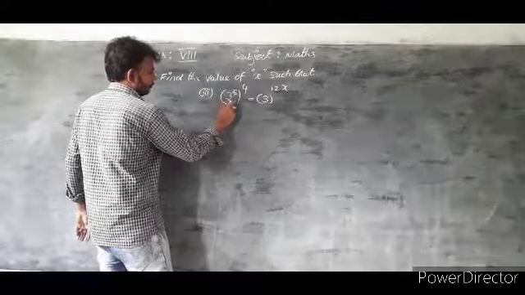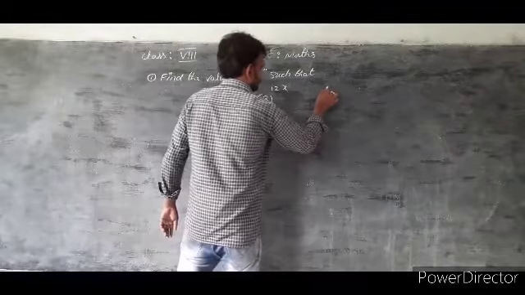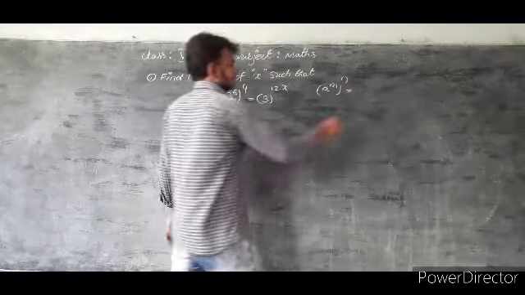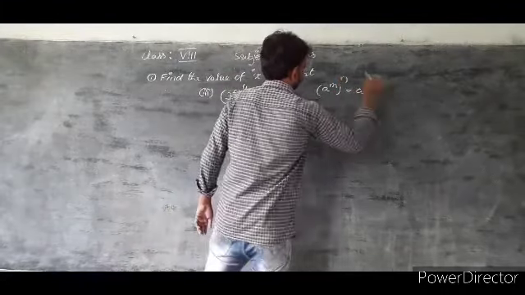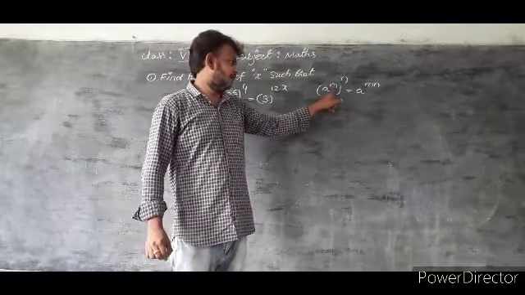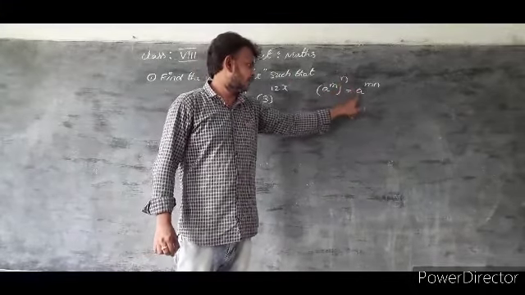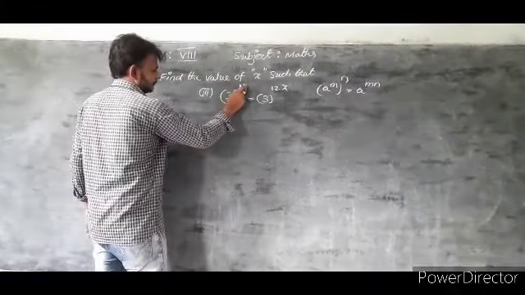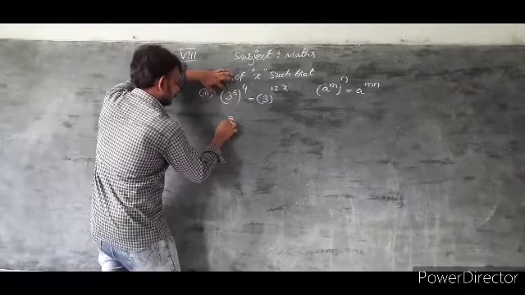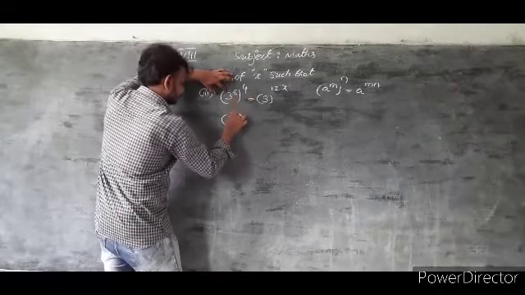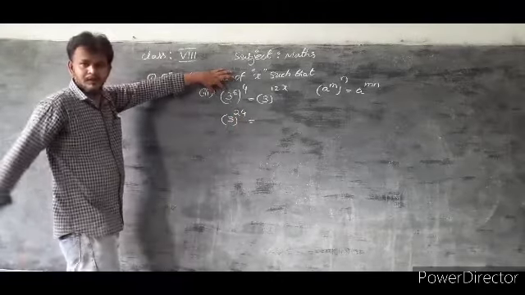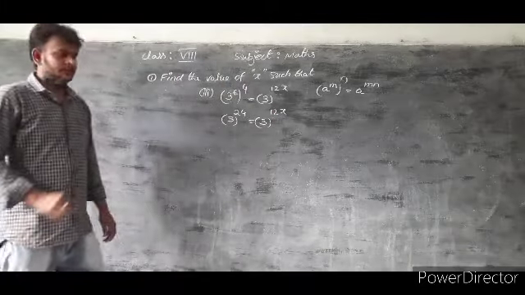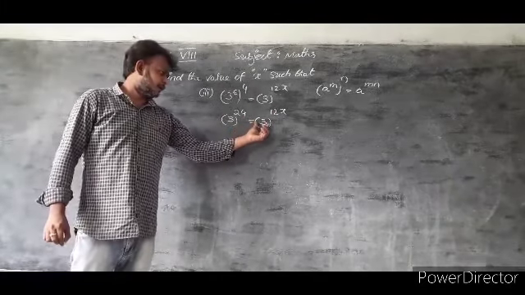This is in the form of a power m whole power n equal to a power mn. So you know that a power m whole power n equal to a power mn. So 3 power 6 whole power 4 is written as 3 power 6 into 4. So 6 fours are 24. So 3 power 24 equal to 3 power 12x.